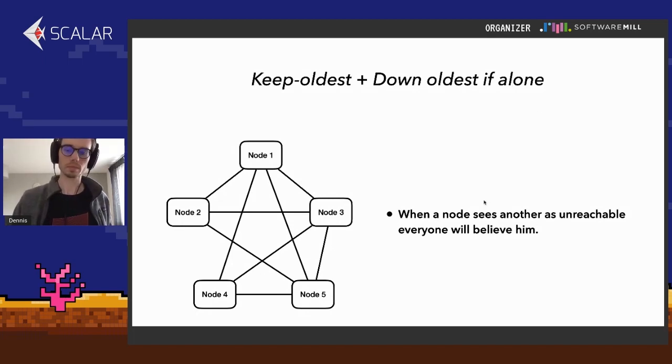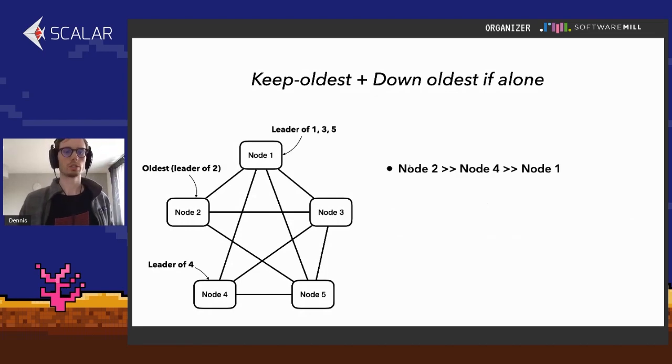So let's first go over who the leaders are in the cluster. The ordering is this: there's a preference for node 2, then node 4, then node 1 as a leader.